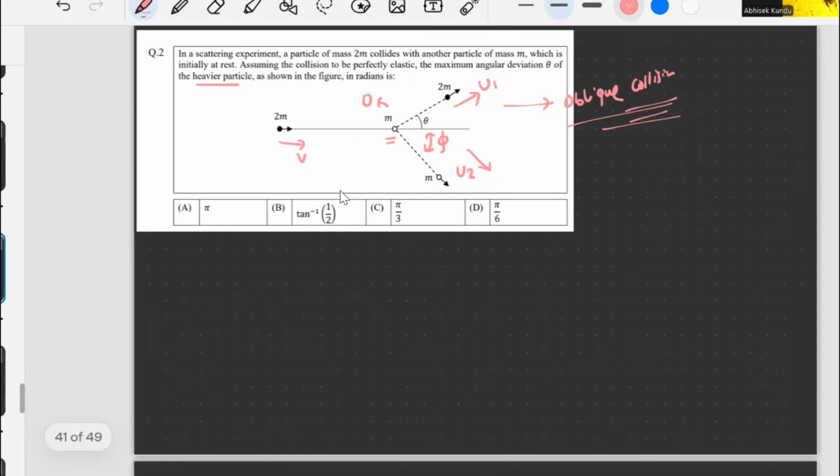So we'll do the momentum conservation first. Momentum conservation along x.